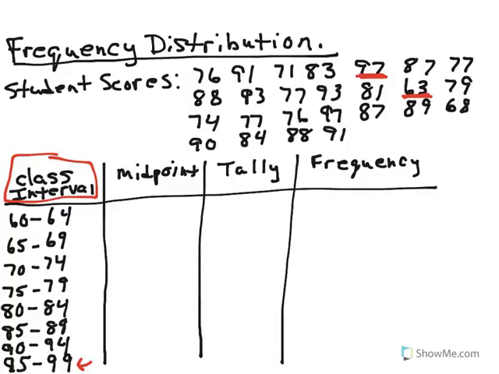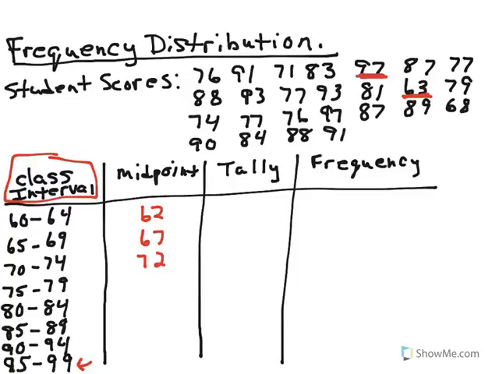We group them off in sets of 5. Then we find our midpoint. Our midpoint is our next column. The midpoint is the middle value between each of those class intervals. So the midpoint for 60 to 64 is 62. The midpoint from 65 to 69 is 67. And from 70 to 74 is 72.